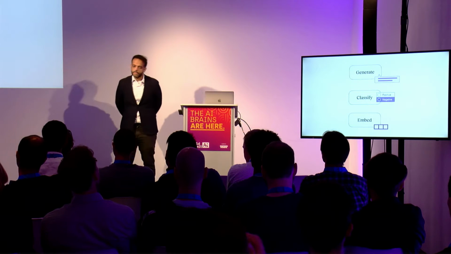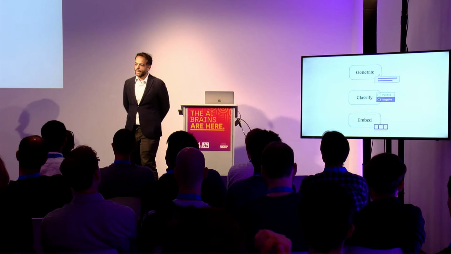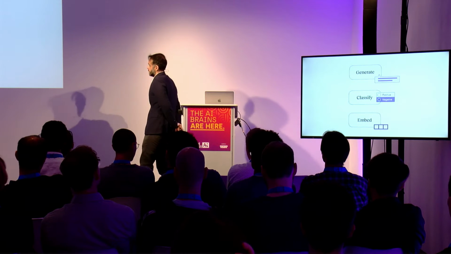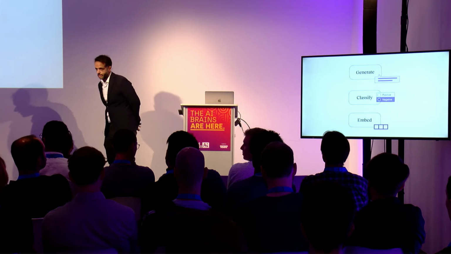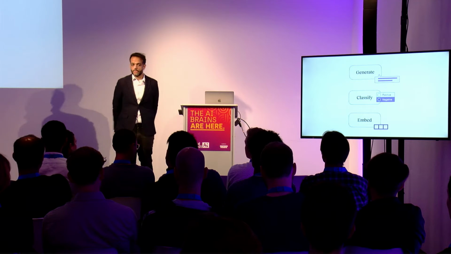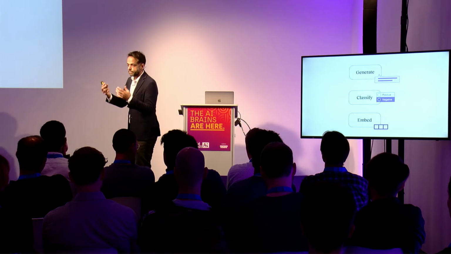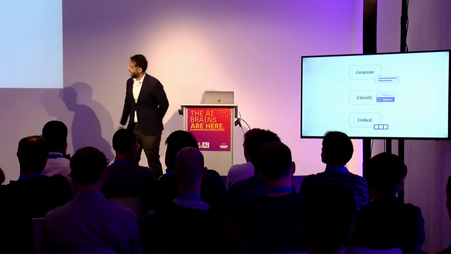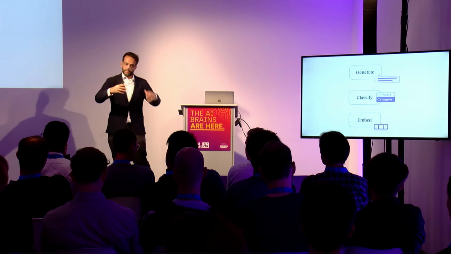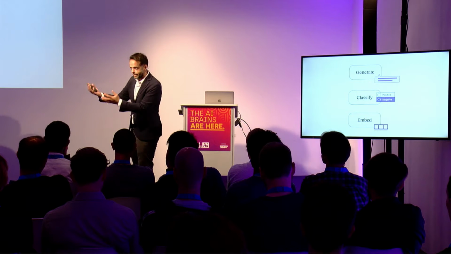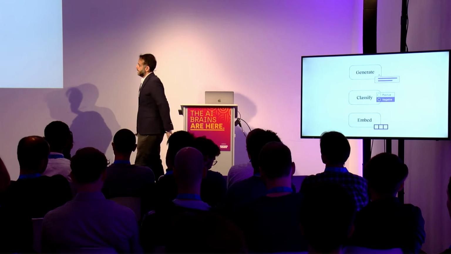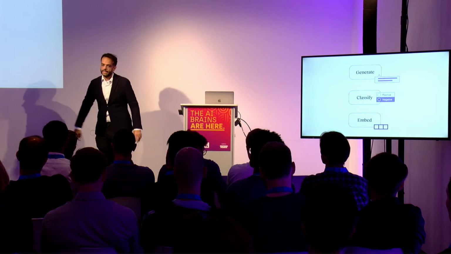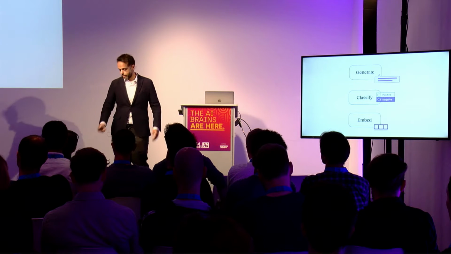Some ways to think about how we can get value out of these language models is generation, so they can generate text, classification, so they can categorize an email or a message as either type A or type B. And they can embed things, so translate things from being text into machine language, into representations that capture the meanings in the text in a way that computers can deal with language.